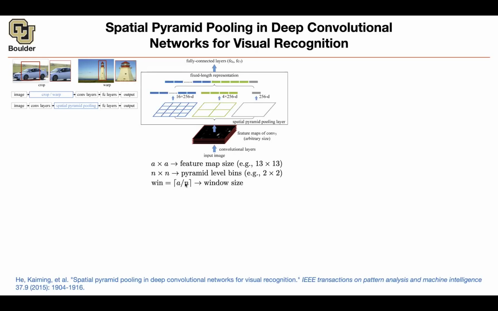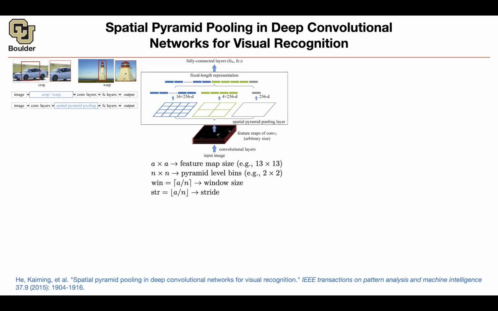It's a function of A and N, the ones that you chose. That's going to be the window size of each one of these bins. And the stride is going to be the floor of A over N, and the window size the ceiling. So maybe some pixels are going to overlap, but the overlap is very small when you do your striding. So this is how you're going to implement that.